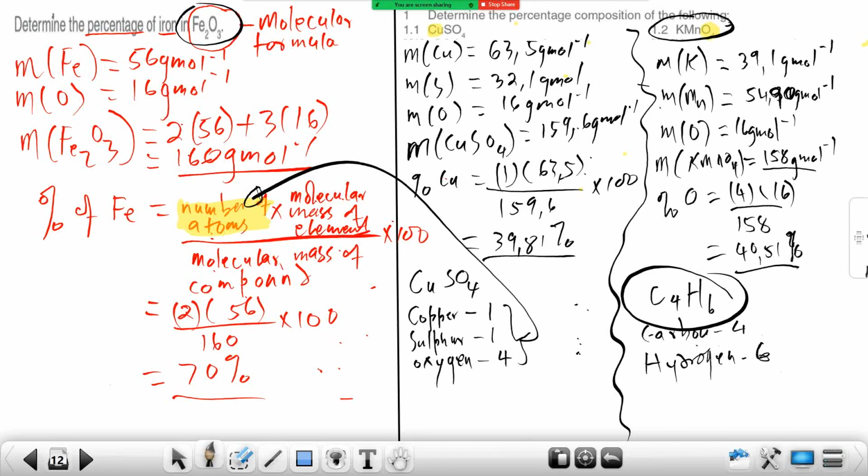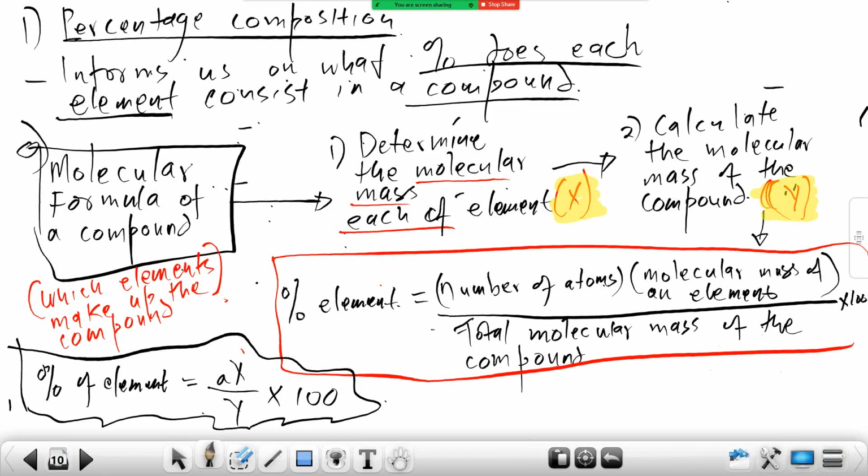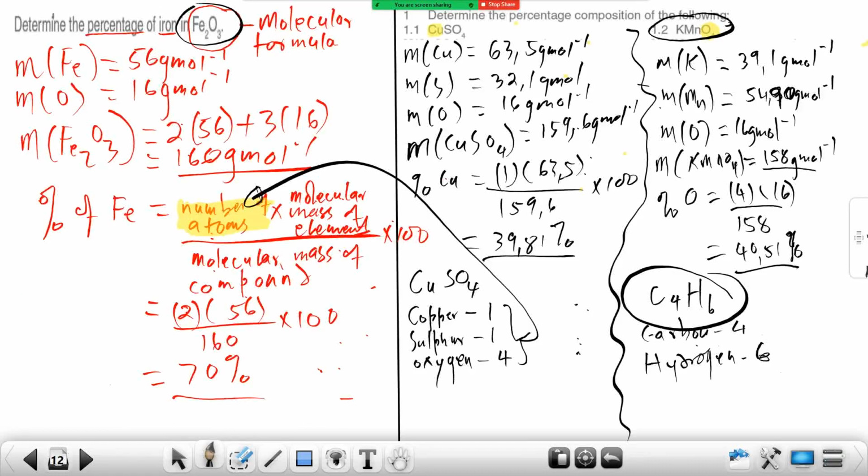Like you will want maybe to calculate the number of atoms using the Avogadro number. No, in this case, we will not use that one, because remember, we said now composition just informs us on what percentage does each element consist in a compound. So this particular slide is the very most important slide for us to be able to understand 100%.